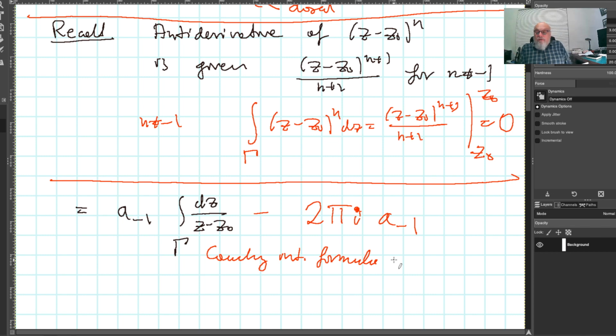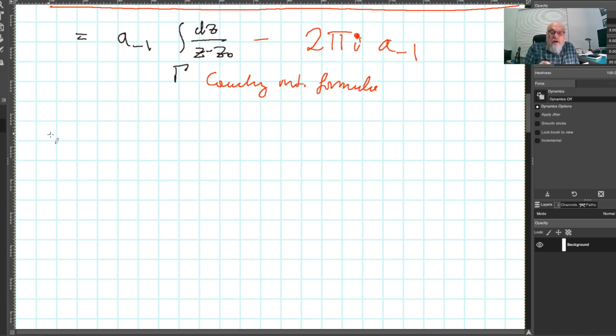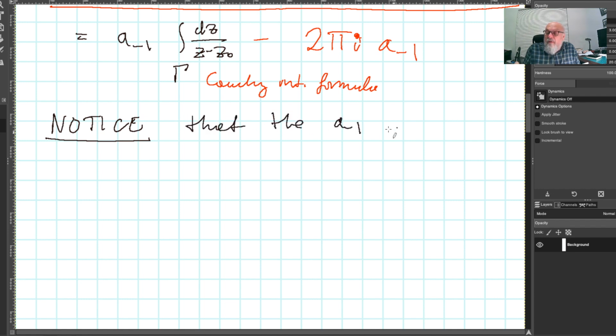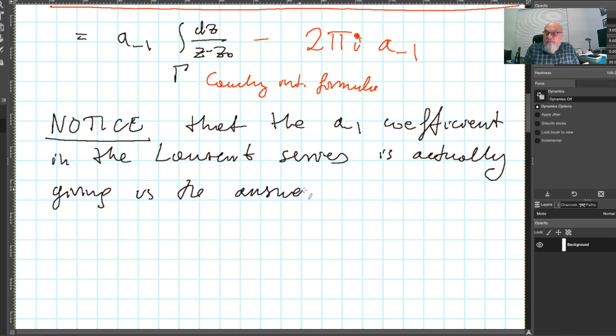Very good. So you see, notice that the a_minus_1 coefficient in the Laurent series is actually giving us the answer to the integration problem.